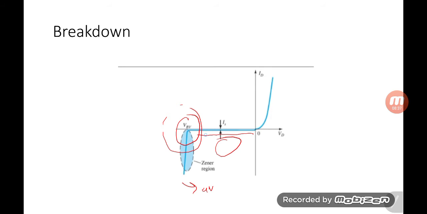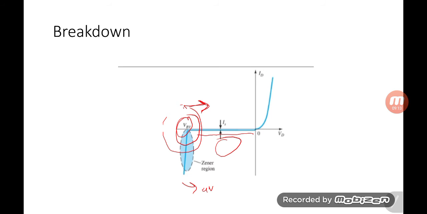But if you increase the doping level of p type and n type material, this avalanche breakdown voltage will become closer to the vertical axis, smaller in terms of magnitude. If it becomes around minus 5 volt, then it is called Zener breakdown. Why? Because near minus 5 volt, the electric field near the junction comes into effect.